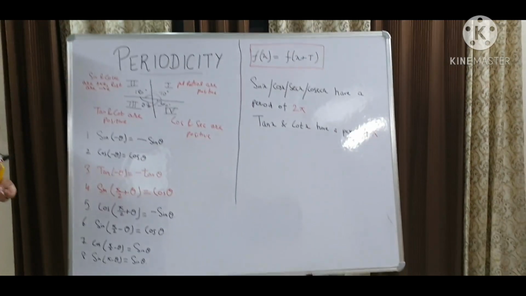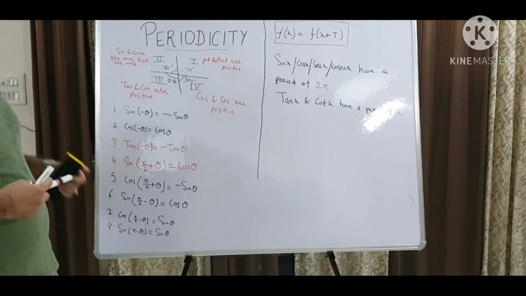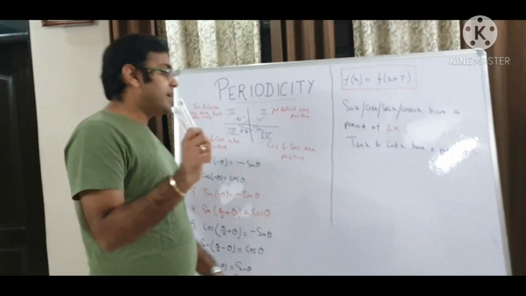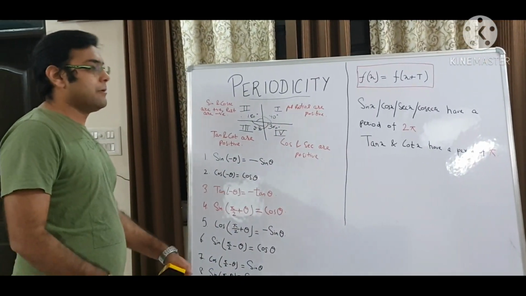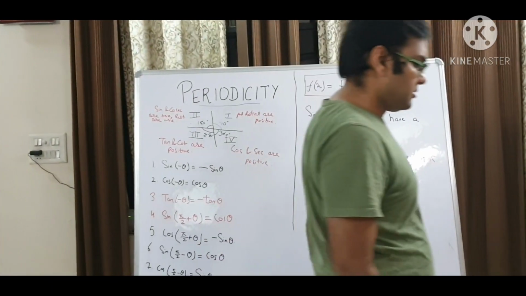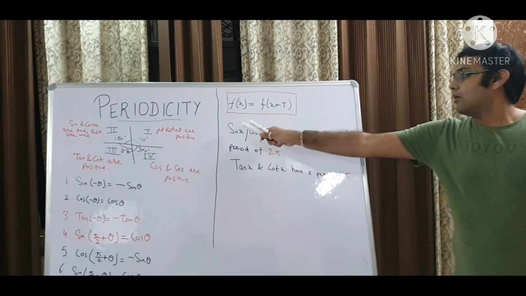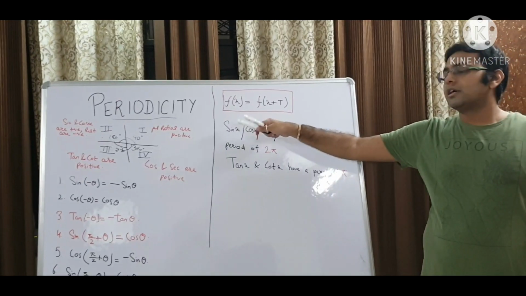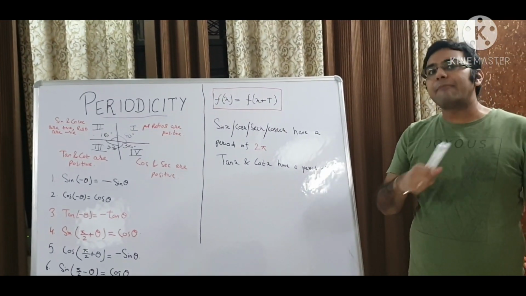So sin x, cos x, secant x and cosecant x have a period of 2 pi, whereas tan x and cot x have a period of pi. What do I mean by this? All these four functions repeat themselves after a gap of 2 pi.